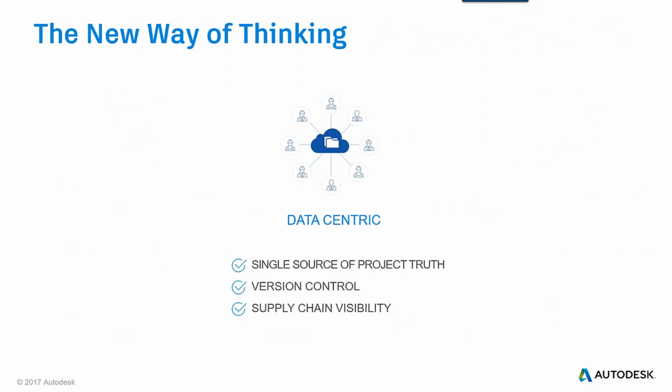We've talked about having data at the center, and if you think about companies like Facebook, Google, Twitter, all their data is centrally located in one location, which gives them full visibility on everything they need in the way that they use their data.